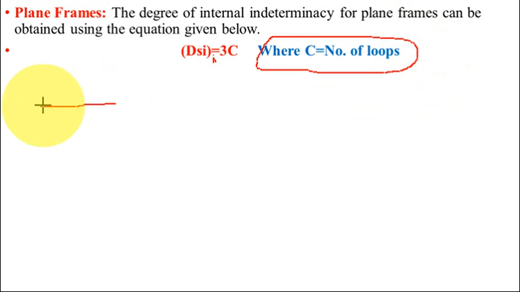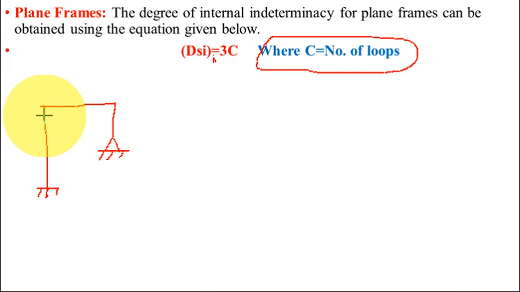Now I have a simple frame which is fixed at this support, and to this support the frame has one more support, say hinged. Let us not concentrate on supports, because now we are discussing internal forces, internal degree of indeterminacy. Now this particular frame has an open configuration.